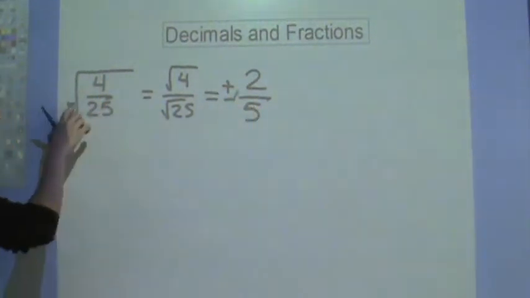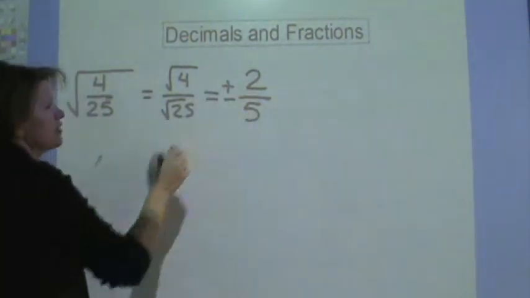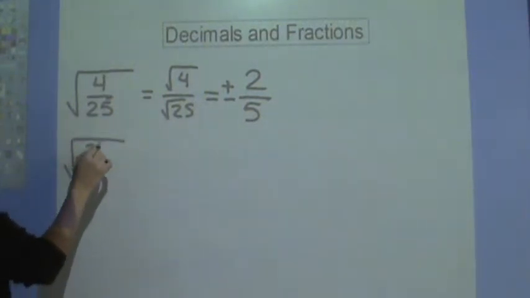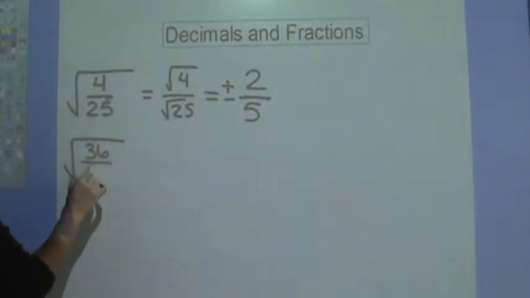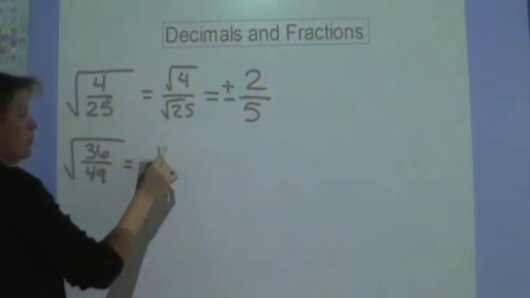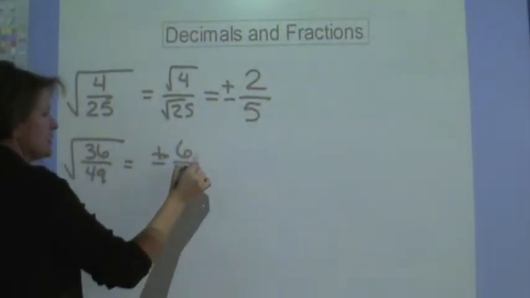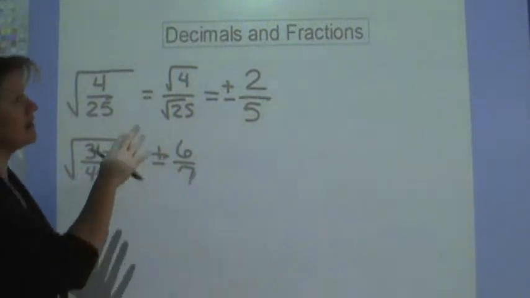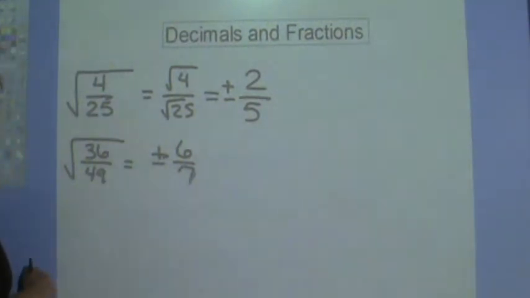So that means the square root of 4/25 would be plus or minus 2/5. Square root of 36/49 then would be plus or minus 6/7. Pretty simple as long as you've either got your list memorized or you have it as a reference at this point.